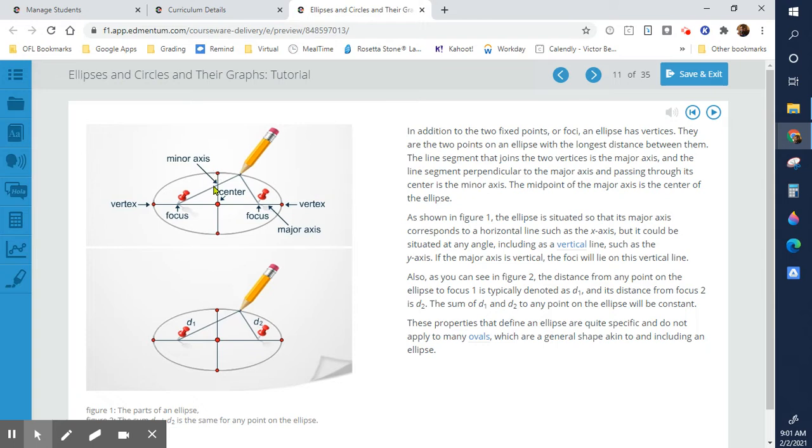The vertices are on the major axis, the maximums and minimums of that axis. I honestly don't know how to describe these other points, but we get these things right here. It's the short side versus the long side of the ellipse, basically, is what I'm trying to say.